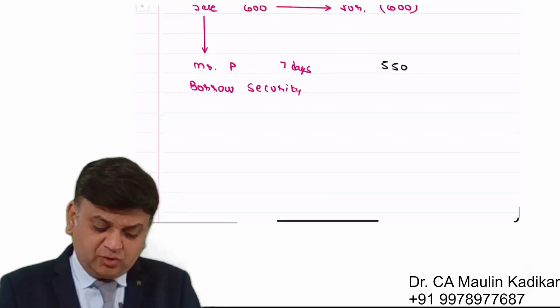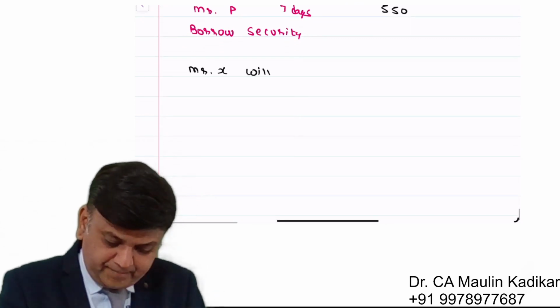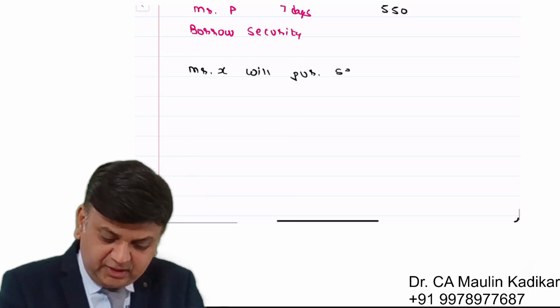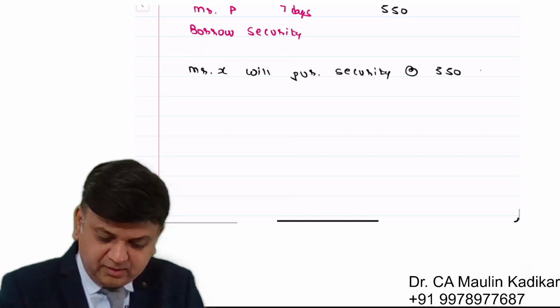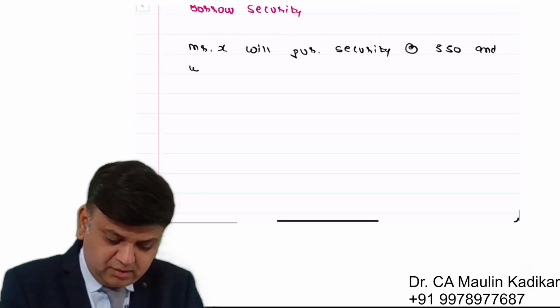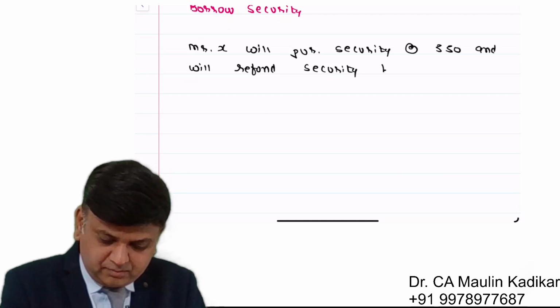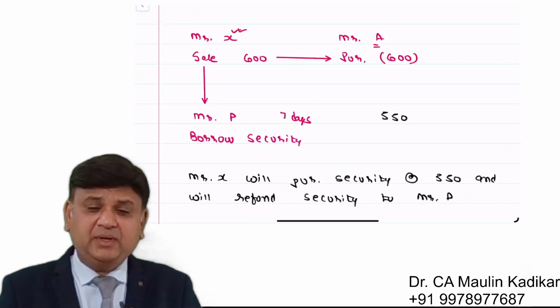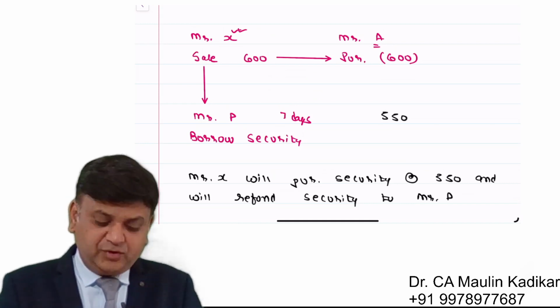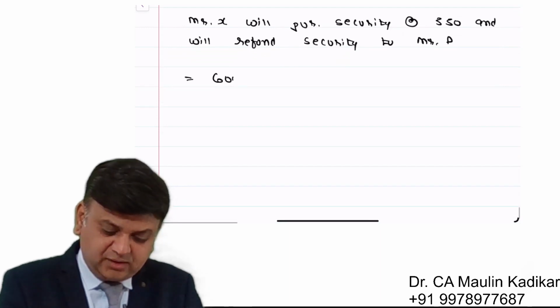So what will Mr. X do? Mr. X will purchase security at the rate of 550 and refund security to Mr. P. So as far as Mr. X is concerned, from his point of view, he had already sold security for 600.